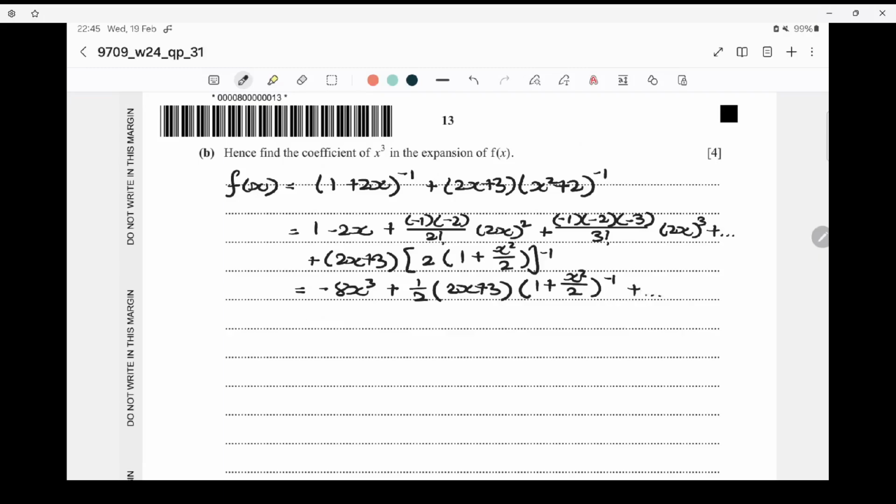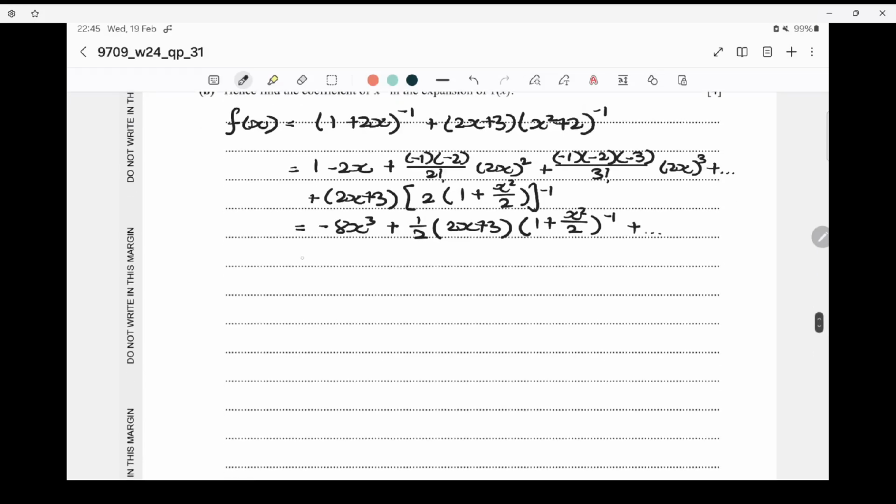Remember to write plus dot dot dot because you ignore all the other terms. So this expansion, the first term is 1, second term is minus 1 multiplied with x squared over 2.